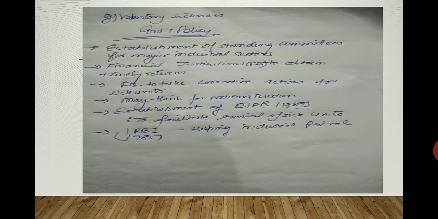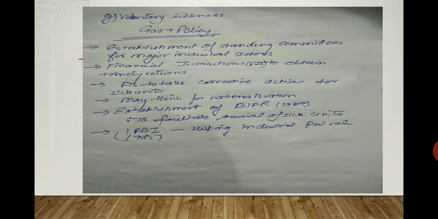The directors are accountable to these financial institutions which lend them the funds. They make corrective actions for the sick units. At times they start taking a stake in the control of the entity also, in order to revive it. They may think of rationalization also, and the Board of Industrial and Financial Reconstruction was established in 1987. The purpose was to ensure the revival of sick units.